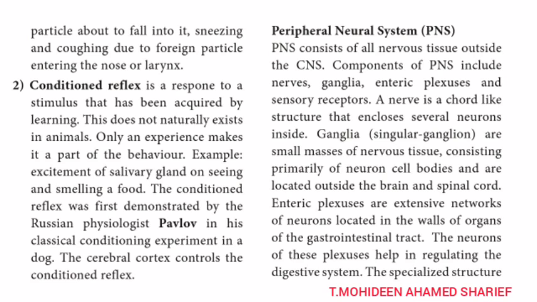Now we will see the functions of the cranial nerves. There are 12 cranial nerves: olfactory, optic, oculomotor, trochlear, trigeminal, abducens, facial, vestibulocochlear, glossopharyngeal, vagus, spinal accessory and hypoglossal.